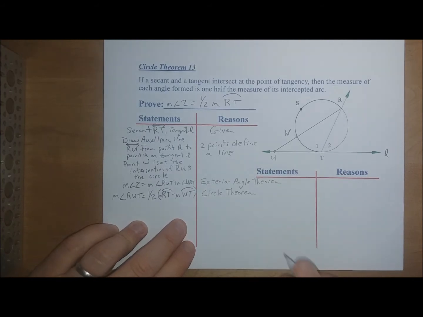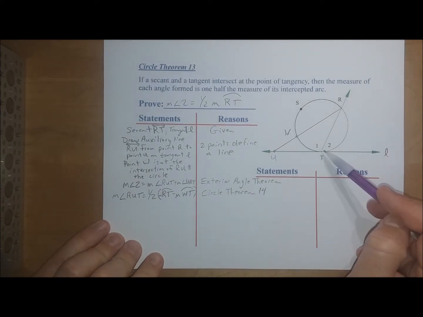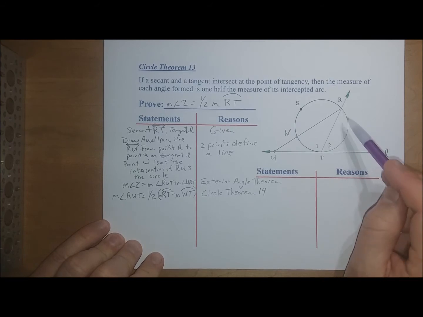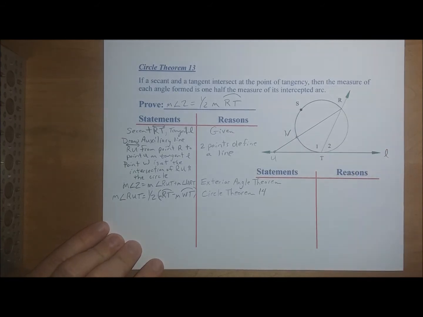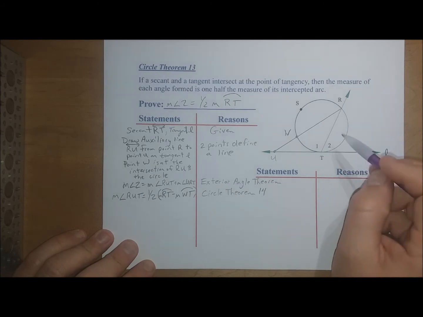Just for abbreviation, okay? And we're going to prove that one next, but we're using it. So if the measure of angle RUT equals 1/2 the difference in these two arcs, we could end up substituting that in there. What else do we know?